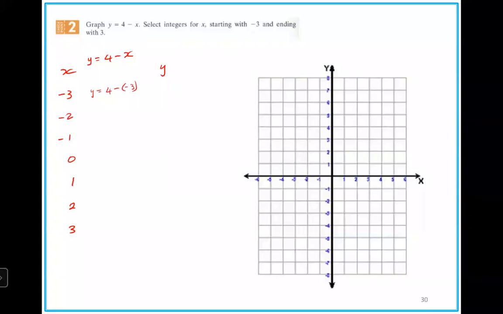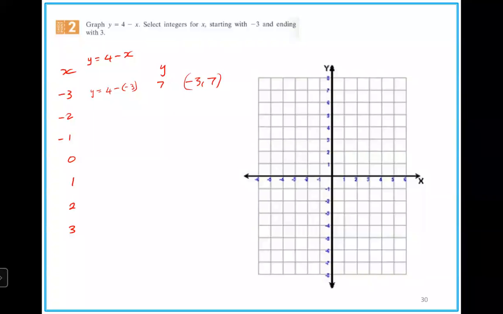So y would be what? No, 4 minus -3 would be 4 plus 3, which is 7. Okay, so our first point would be -3 and 7.